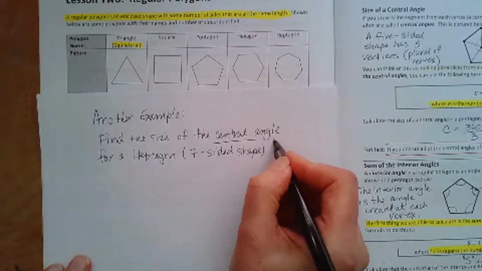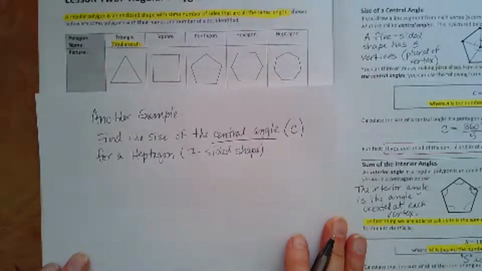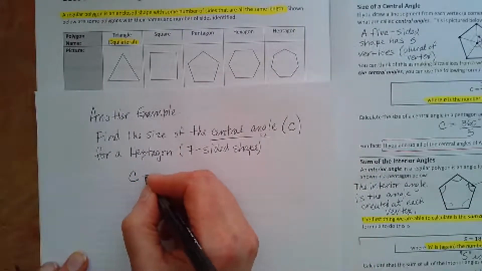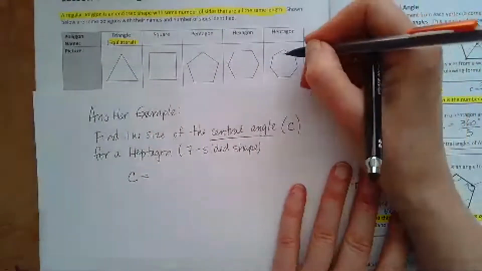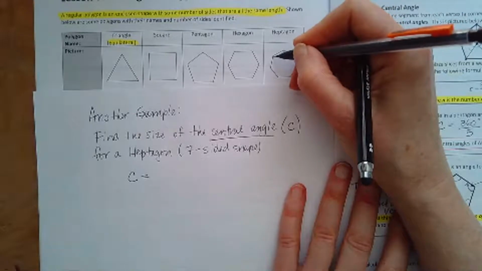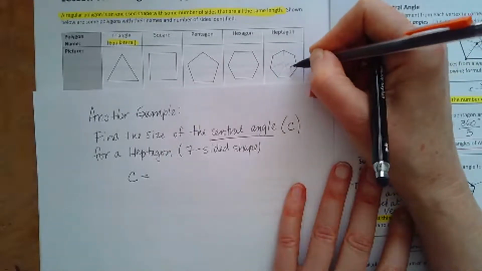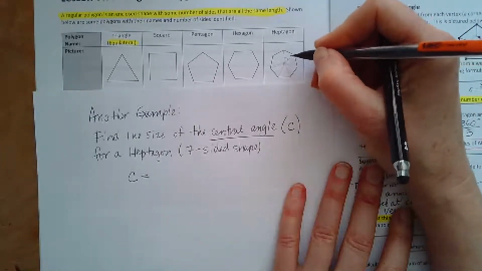Now, the central angle is noted as C. For geometry, the central angle is C. So C will equal, remember, the central angle would be if all of the corners, all of the vertices were connected in the center. I'm looking for this central angle.